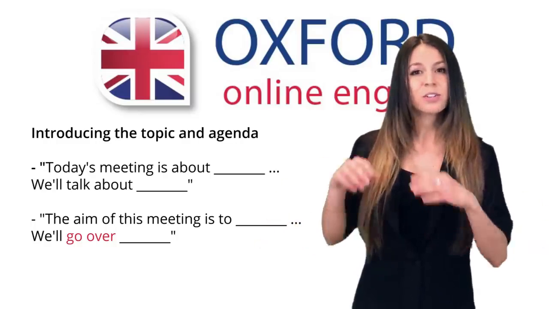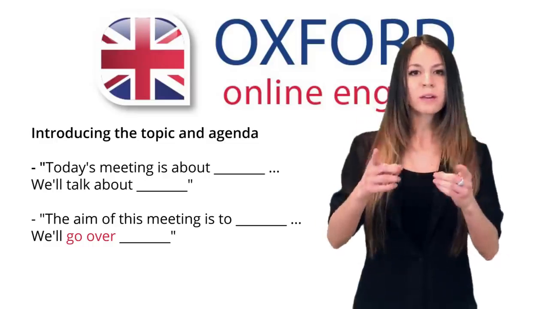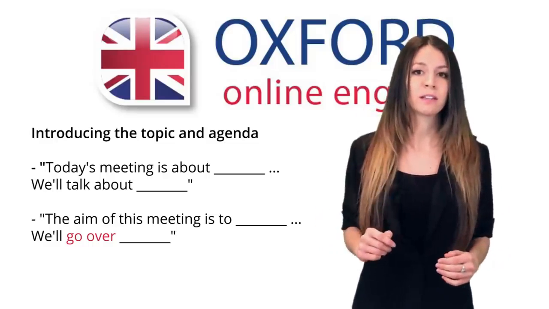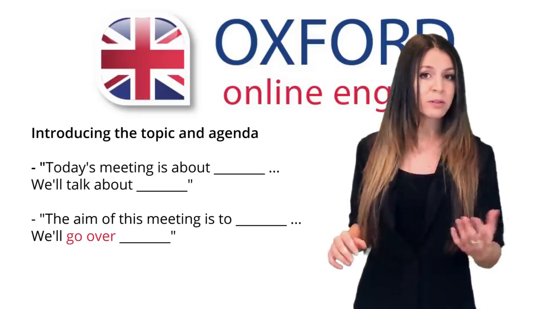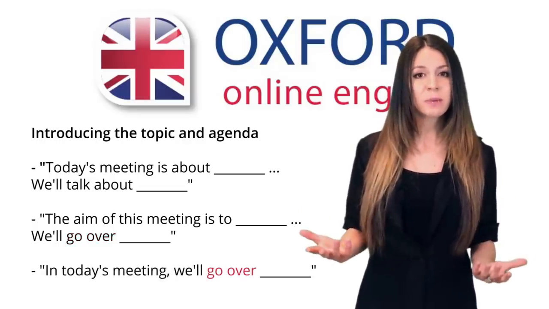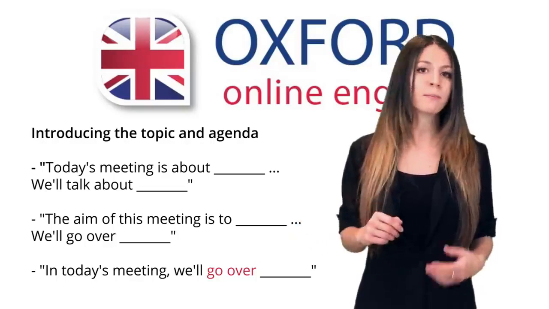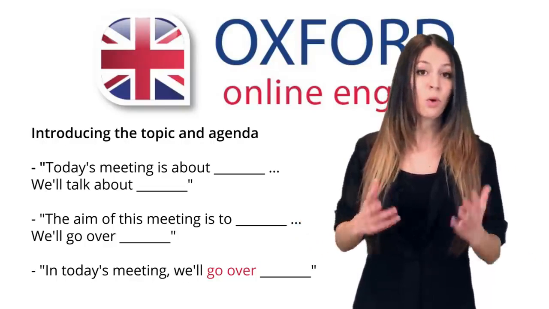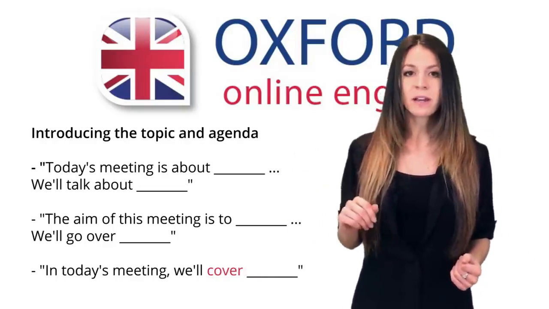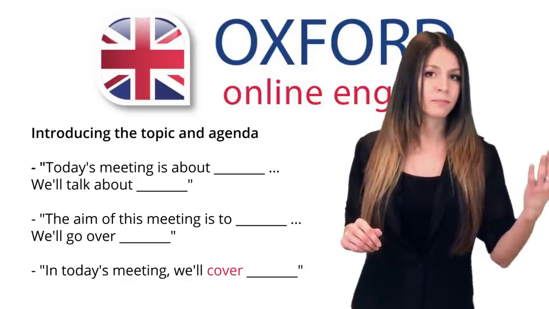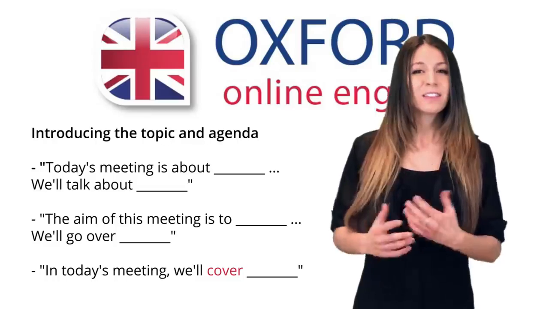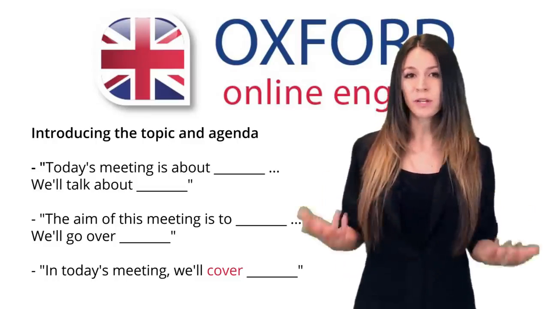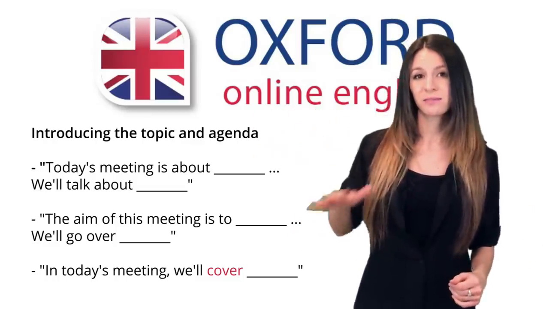It means to analyze or look at something carefully. You can also use cover. For example, in today's meeting, we'll go over, or in today's meeting, we'll cover. These are both useful when discussing an agenda.